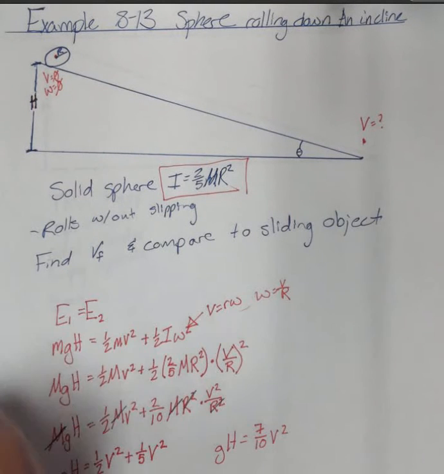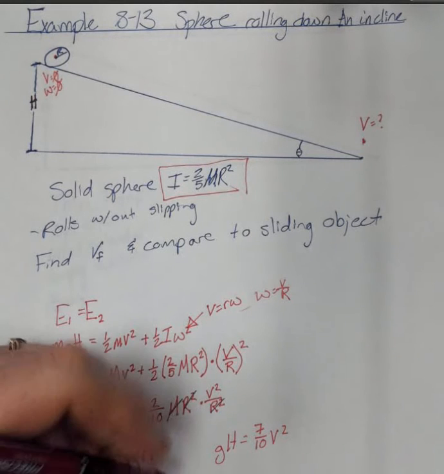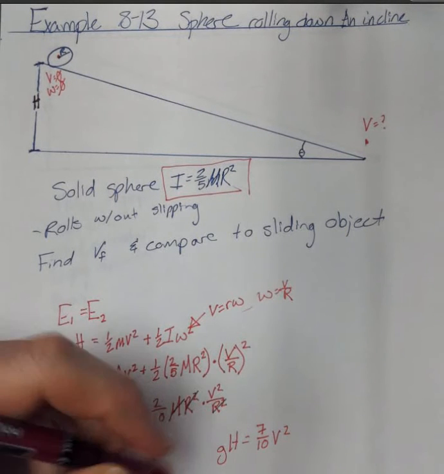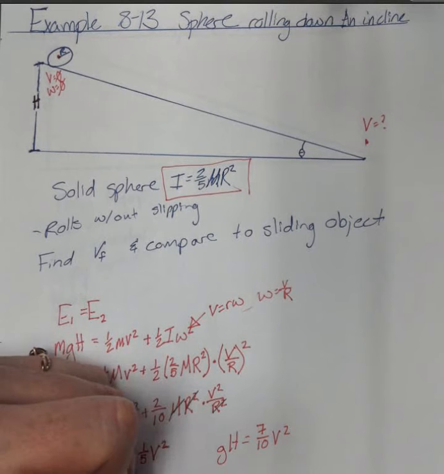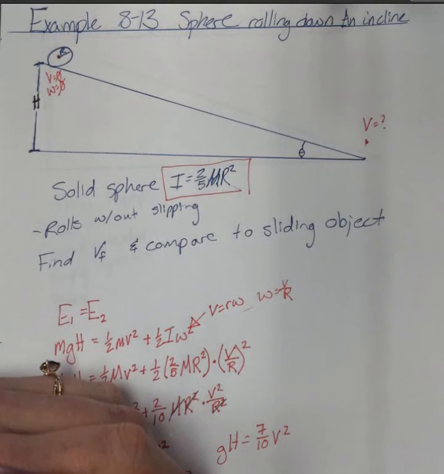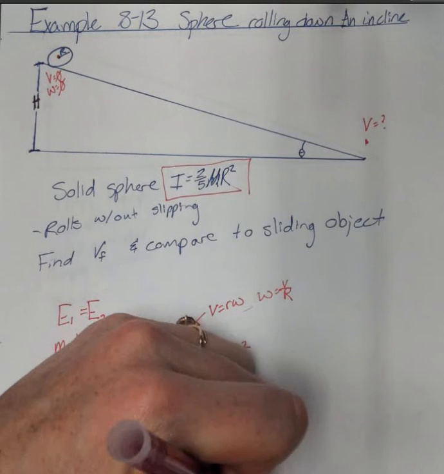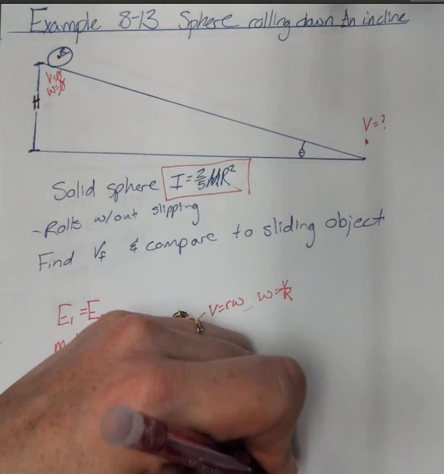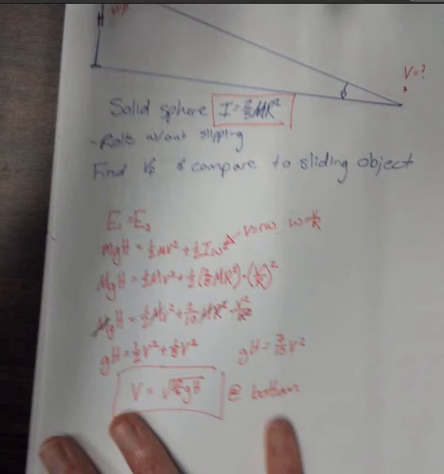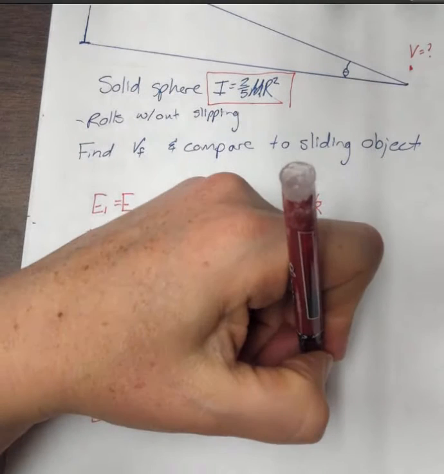I solve that for v. v equals the square root of 10/7 gh. And that's at the bottom with rolling.